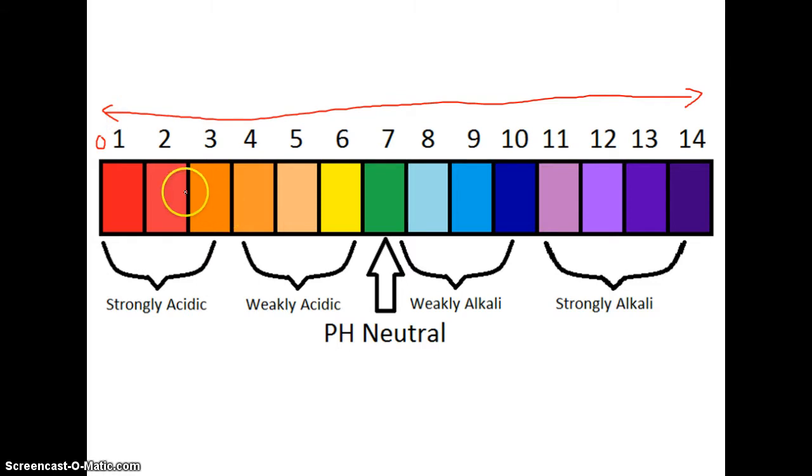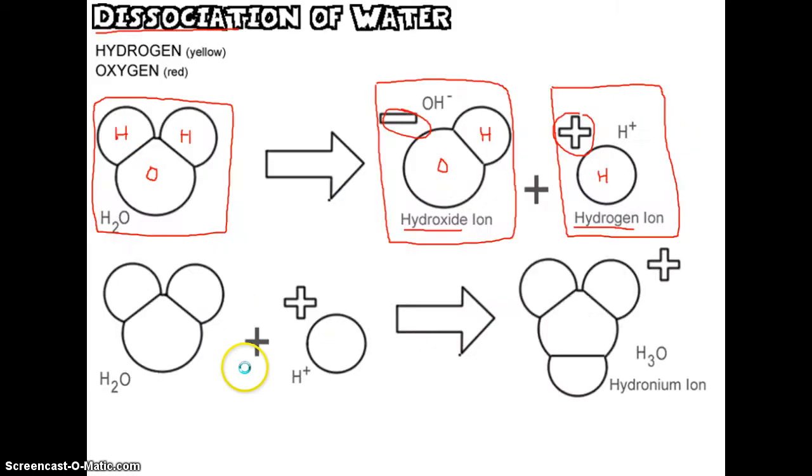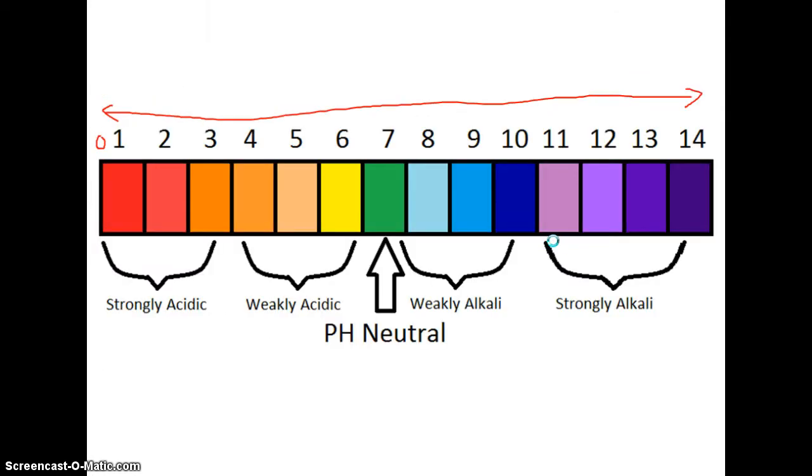So it's a scale from 0 to 14, and basically what it's used to do is to measure the amounts of hydroxide ions or the amounts of hydrogen ions that are present when some substance gets mixed with water. So when we go back to this pH scale, from 0 to 14, it's helping us determine how many negatively charged hydroxide ions or positively charged hydrogen ions exist when water naturally dissociates.